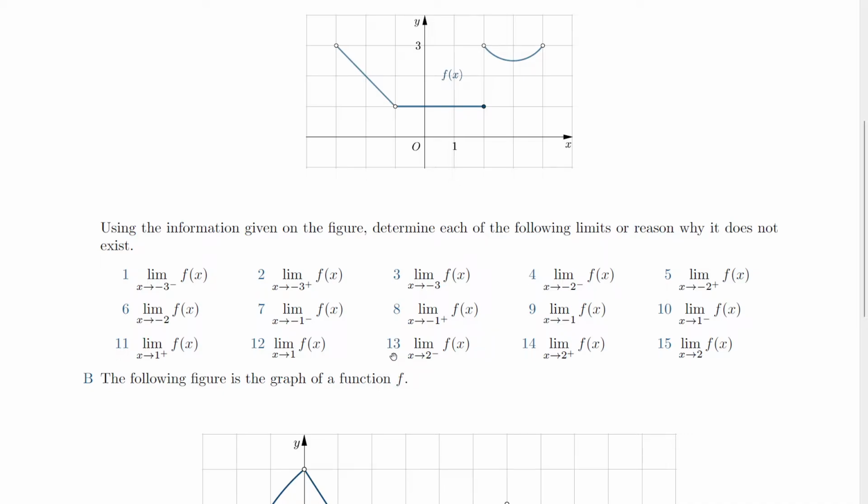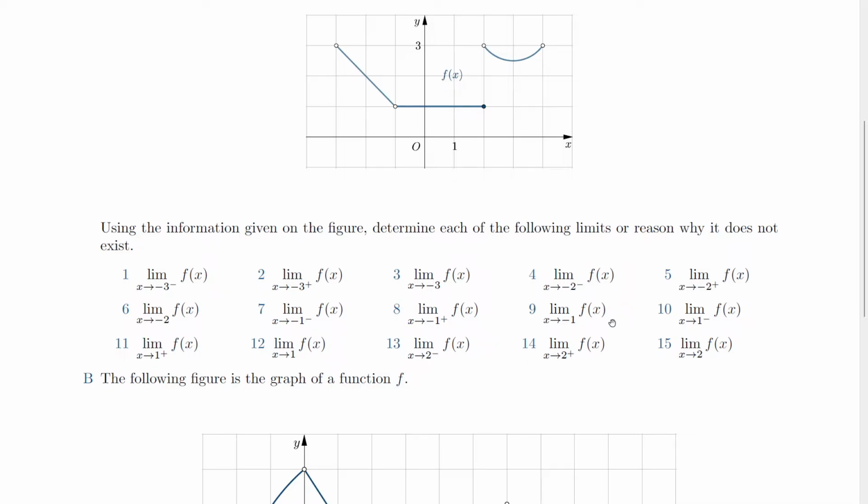Yes, the left limit is 1, the right limit is also 1, so the limit itself is 1. Sometimes in the exam, they might just give you the diagram and ask you what is the limit. You have to approach it from both sides and see if they are equal. In this case, if I ask you what is f of minus 1, the answer is undefined, because that's a hollow circle.